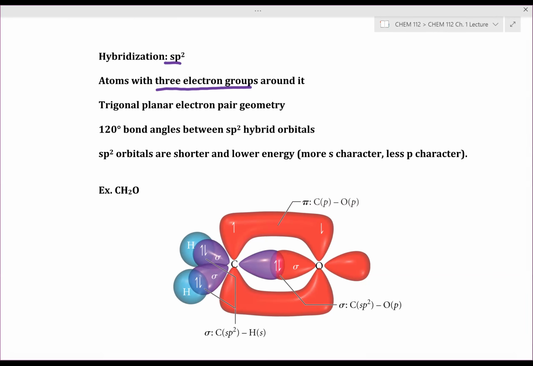So when you think sp2, I want you to think 3 electron groups. Again, what is an electron group? What are the 2 things that qualify as an electron group? Yep, a lone pair or a sigma bond or a single bond.